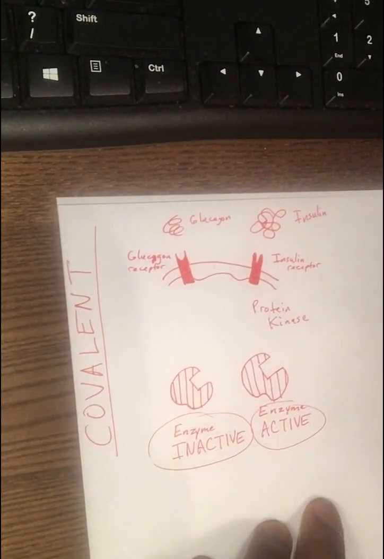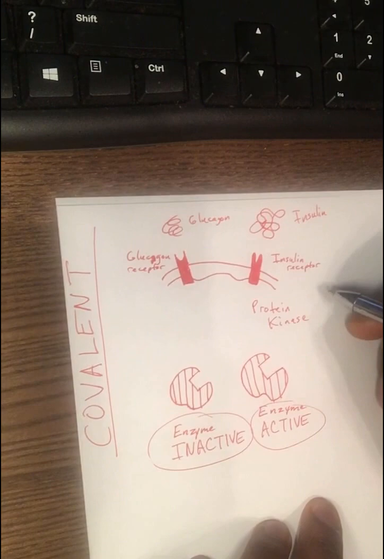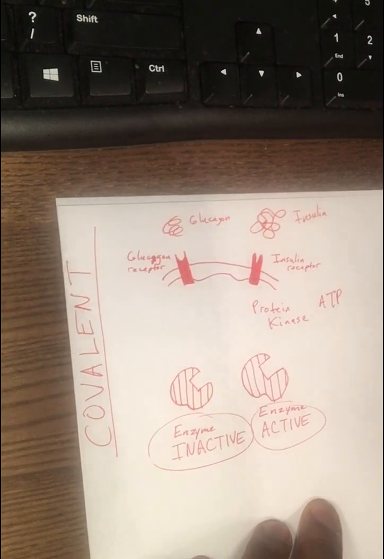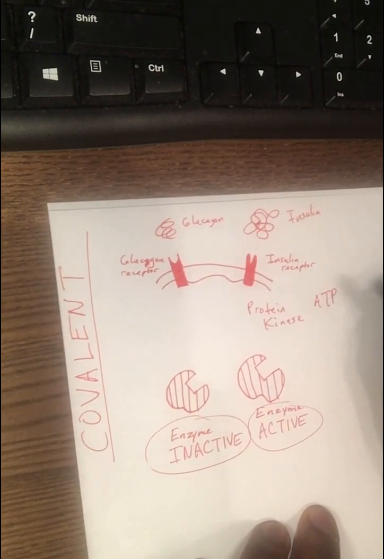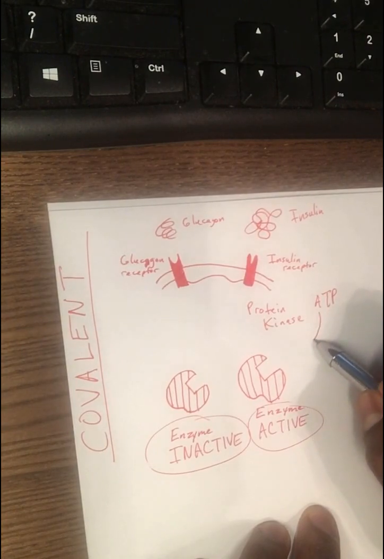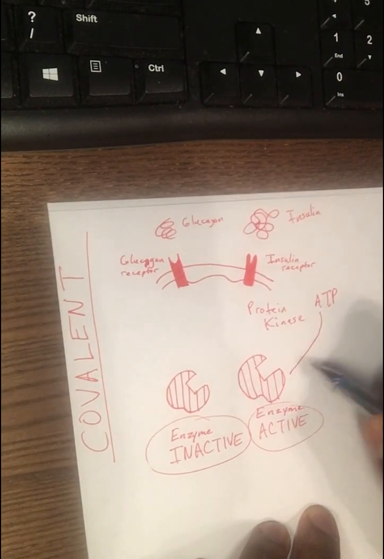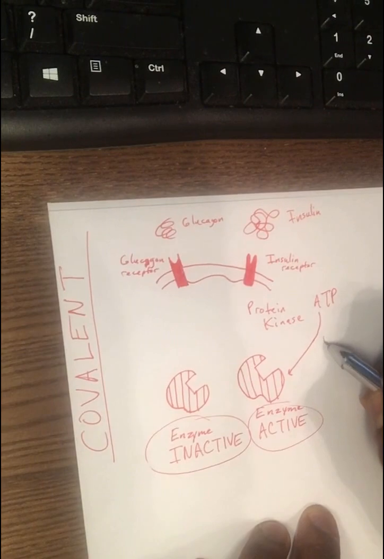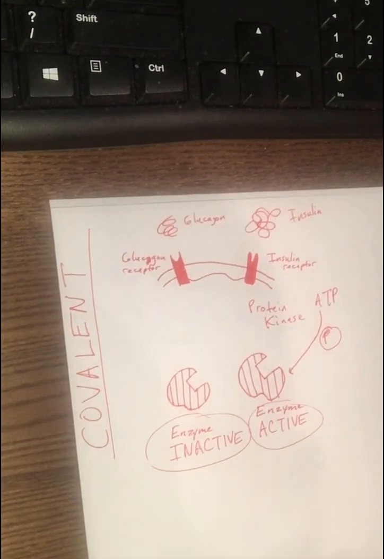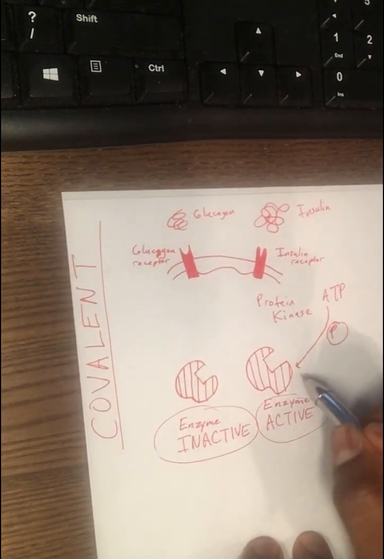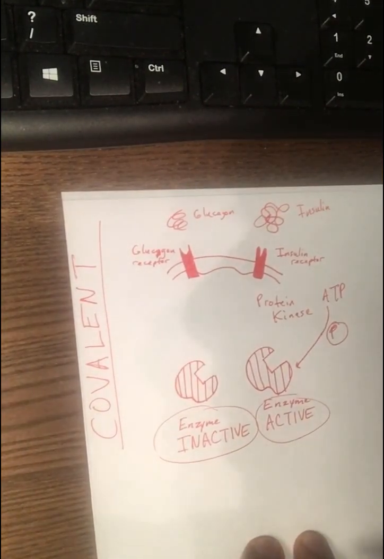This kinase is going to use a phosphate group, which can be donated from ATP, and will then take the phosphate group and add it to the enzyme.